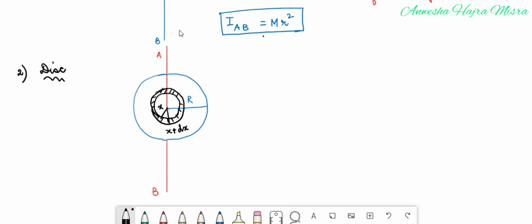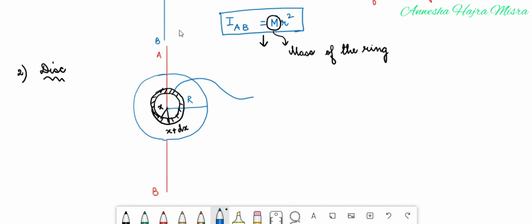Now the moment of inertia of a ring is m r square, where m is the mass of the ring. So the moment of inertia of this ring will also be mass of the ring into distance square.